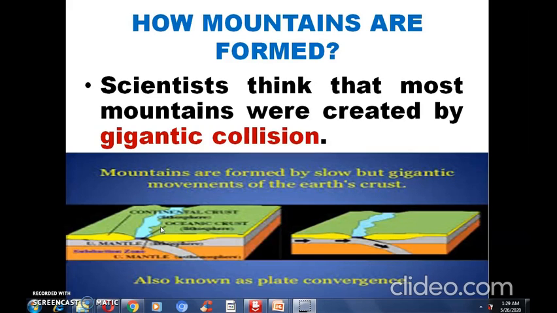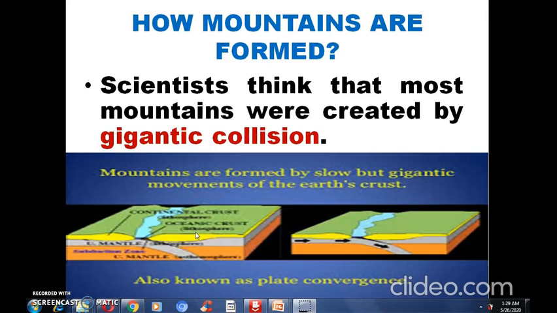So when there are very huge movements in the earth crust, the mountains are formed, and these gigantic movements of the earth's crust are also known as plate convergence.